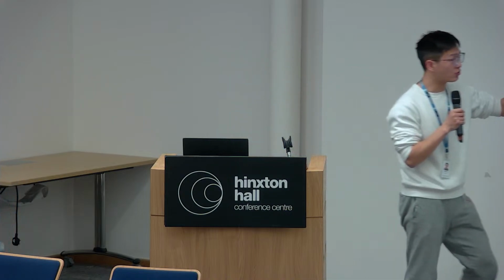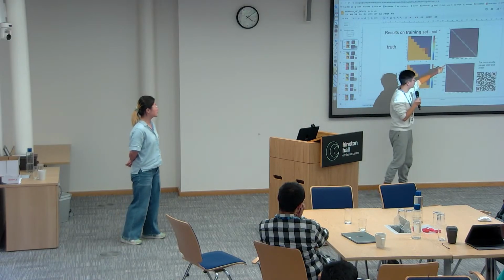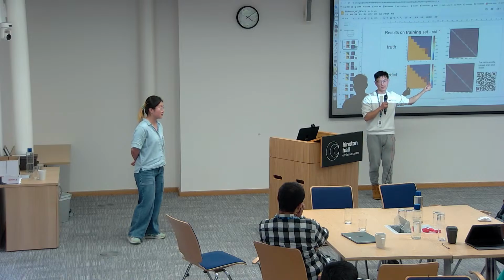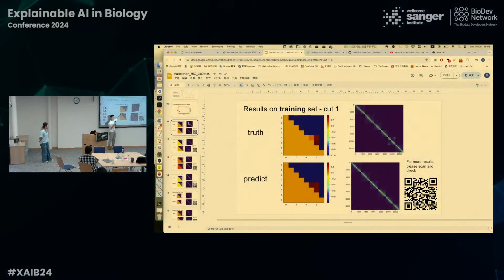Okay, thanks for your question. Actually, if the model is very well trained, then for example for this one, which has just a very small problem, it will give a very simple likelihood matrix.